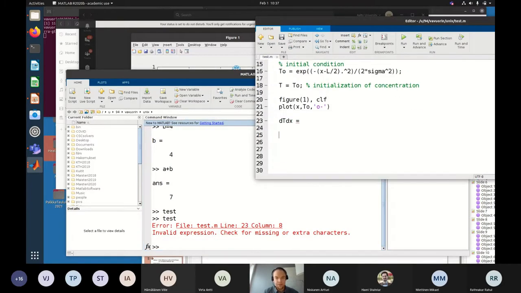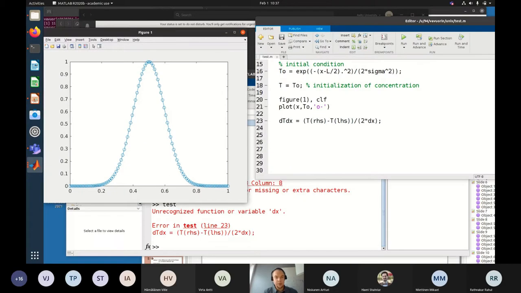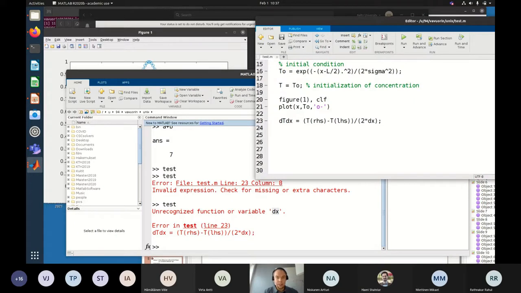And we would like to now calculate this derivative. It should become completely obvious now. 2 times dx, and it still doesn't work. You see, it doesn't recognize what is delta x. And we have to give a delta x. So this is just the central difference formula.